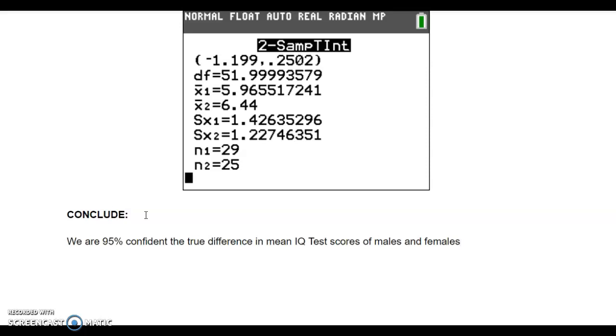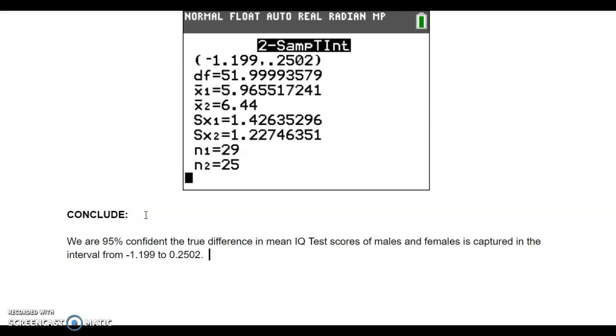So we are 95% confident the true mean difference in mean IQ test scores of males and females is captured in the interval from negative 1.199 to 0.2502.